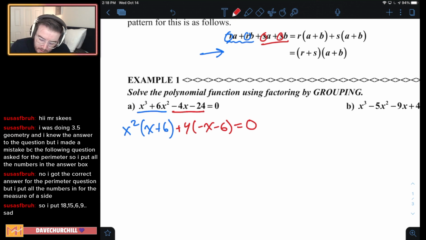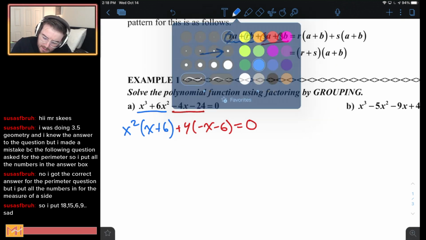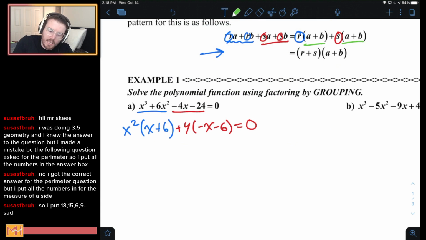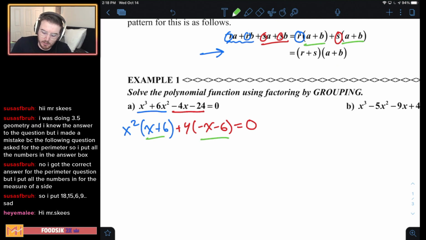Now the goal here is that when you factor out that thing that's in common, you should be left with the exact same expression. We were not left with the same expression.